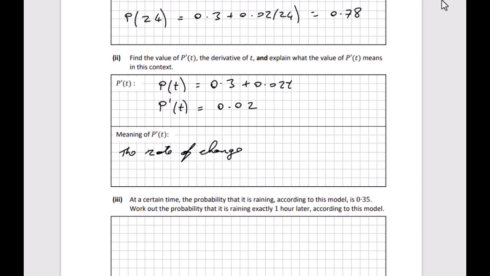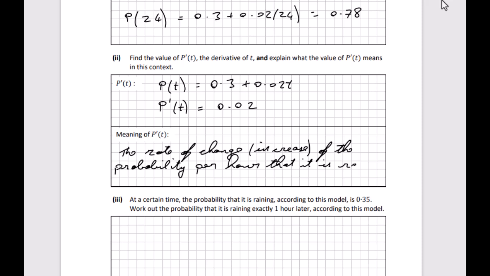The rate of change, or the rate of increase in this case, because this is positive, of the probability per hour that it is raining is constant at 0.02 per hour.